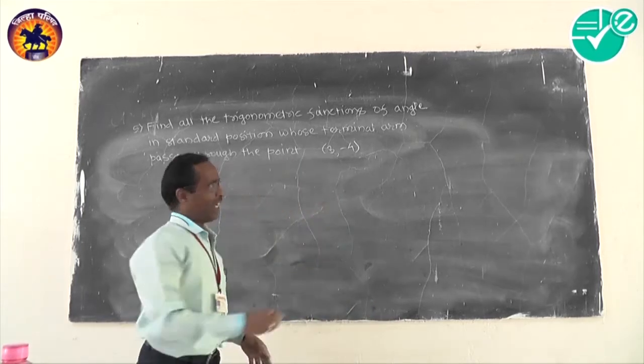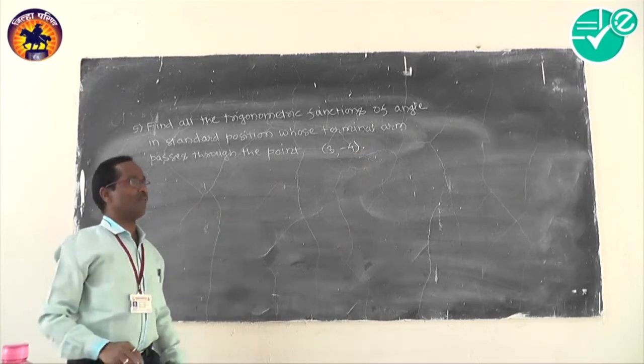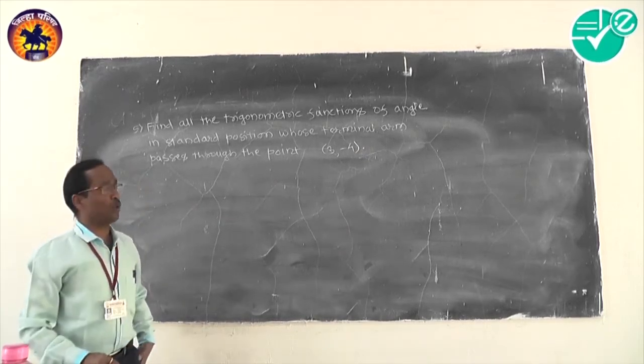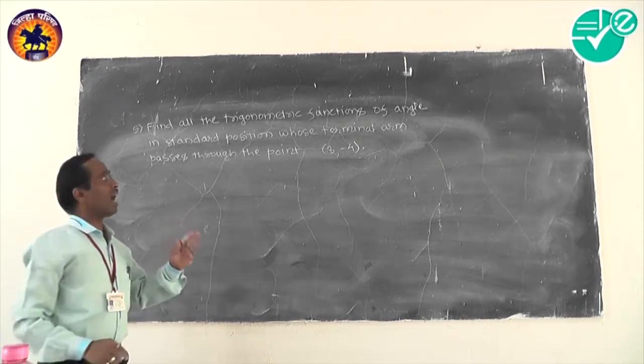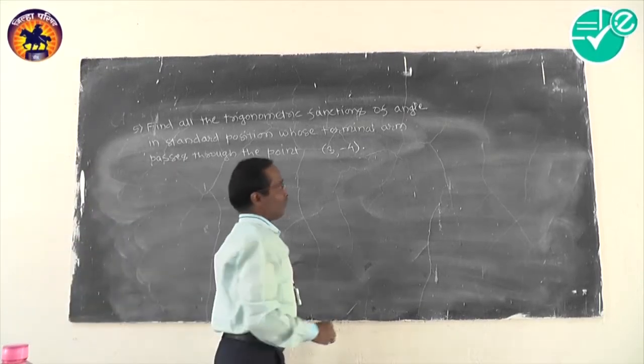So how can we find all the trigonometric functions if the angle is in standard position and whose terminal arm passes through the point 3 comma minus 4?